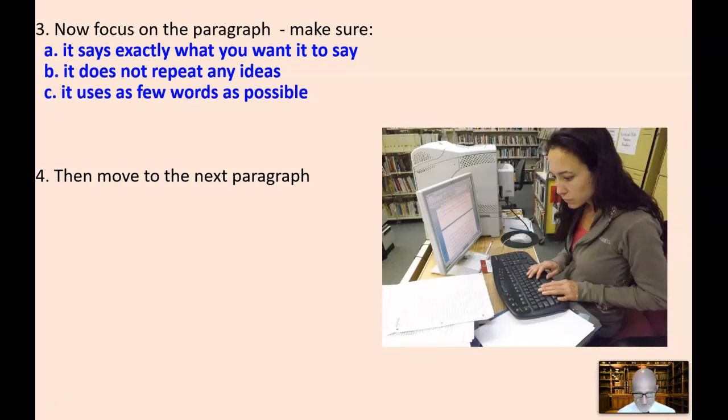Reread the paragraph many times. Sometimes it's helpful to read it out loud. I always use the program on my computer that reads it out loud for me. It's on the Word program. You can find them online. It reads your text and you get a better sense of it. When that paragraph is exactly as you want it, move on to the next paragraph and repeat the process. First sentence, next sentence, whole paragraph.